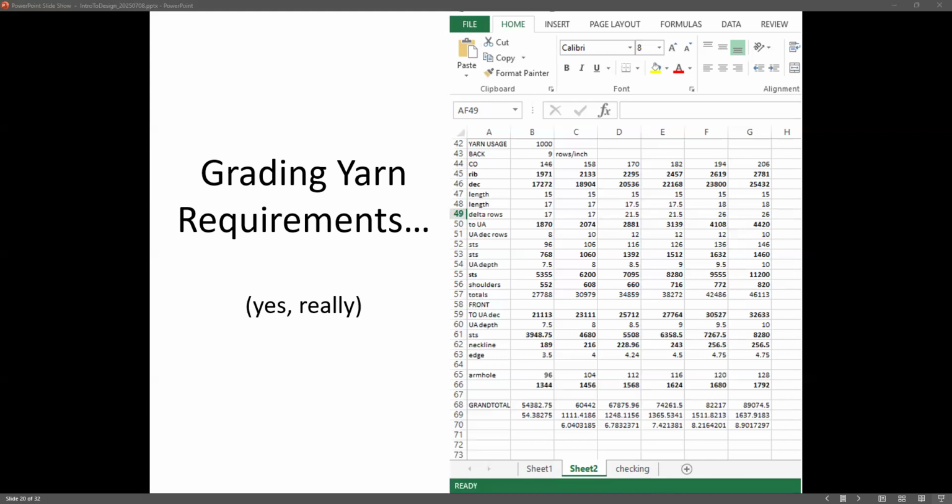I've seen resources that are offered to teach grading and garment sizing. A lot of the time, they seem to teach you how to use a spreadsheet program to do the calculations, but they're missing that first piece of the puzzle, which is making the design decision about how wide the shoulder should be. Where do I want the armhole edging to sit?